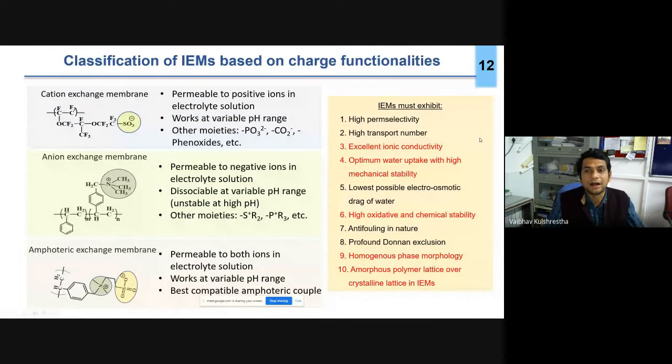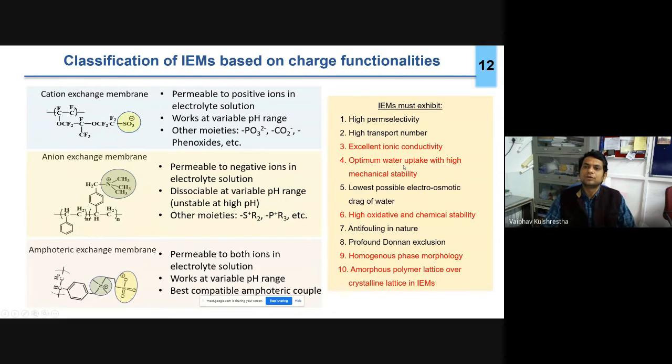It should have high permselectivity, meaning it should allow only one type of ion, only positive or negative. The transport number for these ions should also be higher. Ionic conductivity is the main component for any membrane.